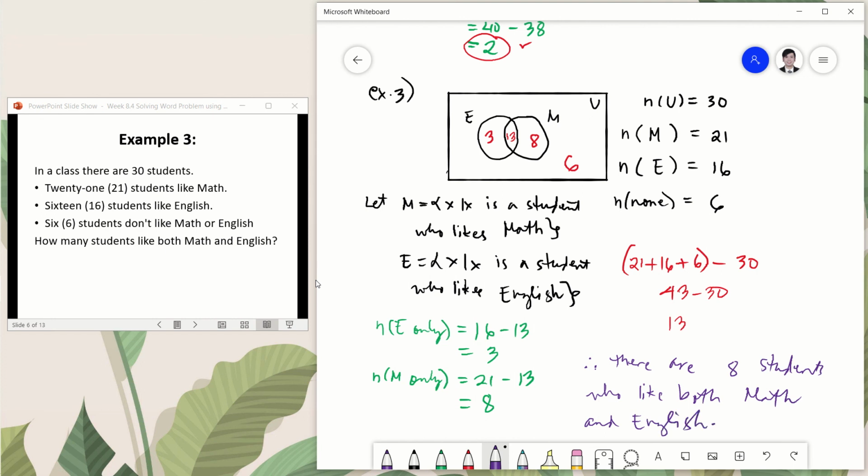Okay, now take note to double check your work: you just have to add everything and it should sum up to 30. So 13 plus 8 is 21. 21 plus 3 is 24, plus 6 is 30.